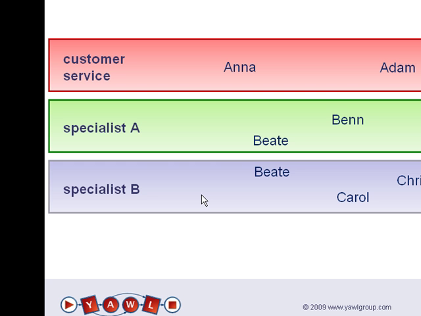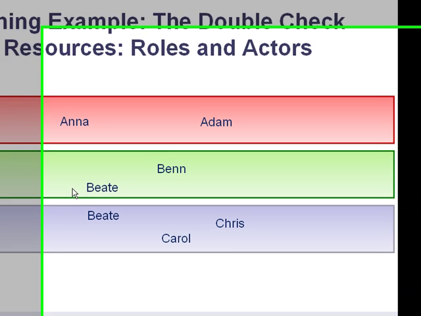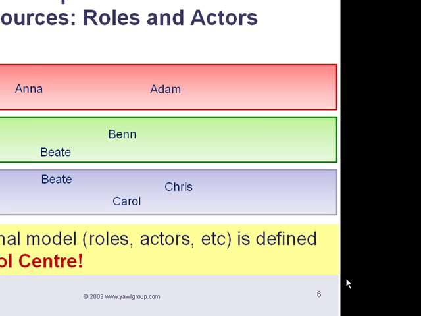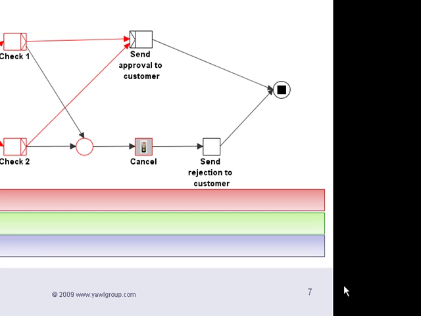Let's say that Anne and Adam belong to the customer service, Beat and Ben are specialist A, Beate, Carol and Chris are specialist B. And in this case, I wanted to show that Beate is both specialist A and specialist B. The organizational model, which contains roles, actors, etc., is defined in the YAWL control center. The behavior of the YAWL control center will be demonstrated in a different tutorial.